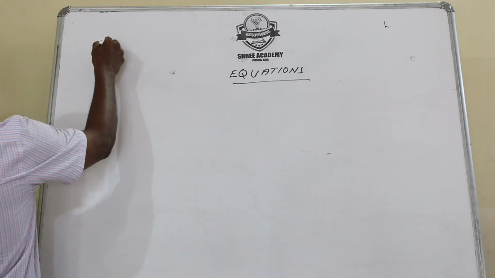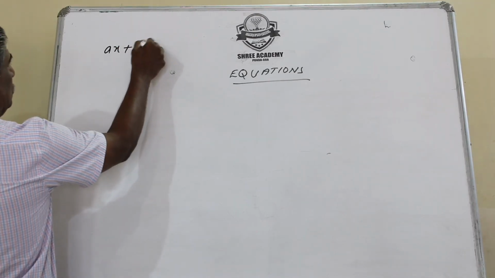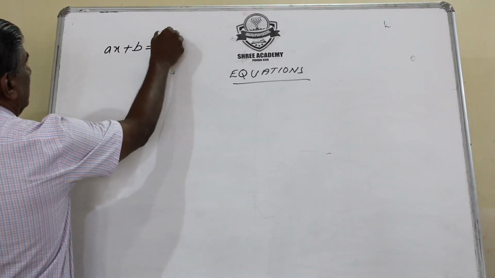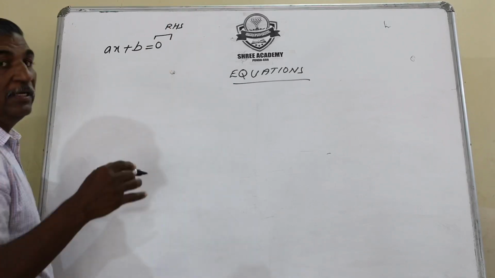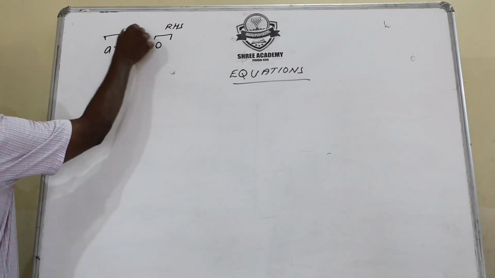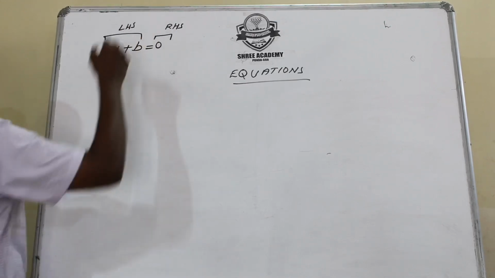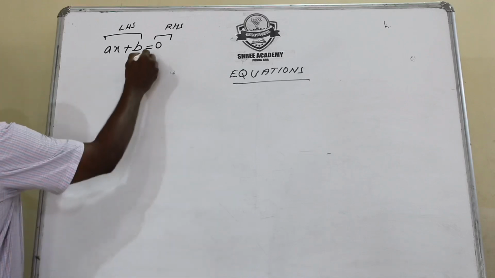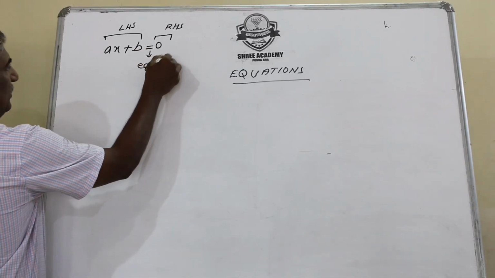For example, if I am having ax + b = 0, now this side is known as the RHS or the right hand side. This side is known as the LHS, the left hand side. In the center we have an equality sign.